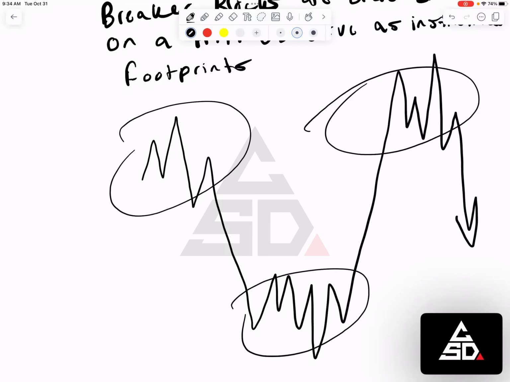And of course, there are more concepts in between here, but we're going to get more into that later. But just for now, understand that breakers are key aspects of turning points that we can fine tune and take advantage of, because we want to take advantage of those moves so we can ride them out.